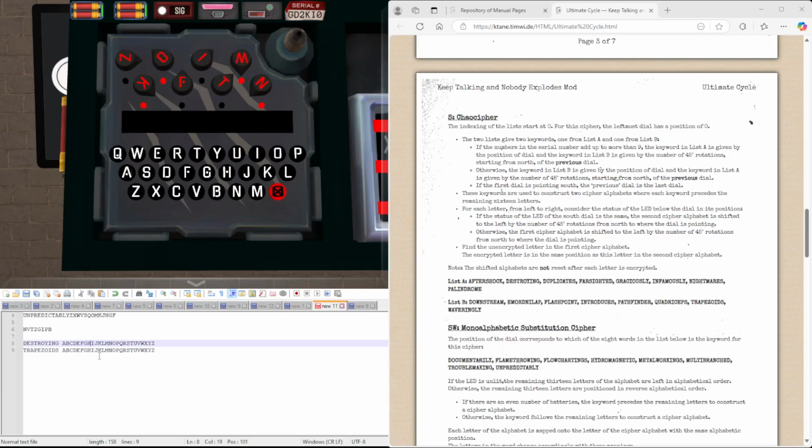So true, trapezoids. For each letter, from left to right, intersect namely below the dial in its position.